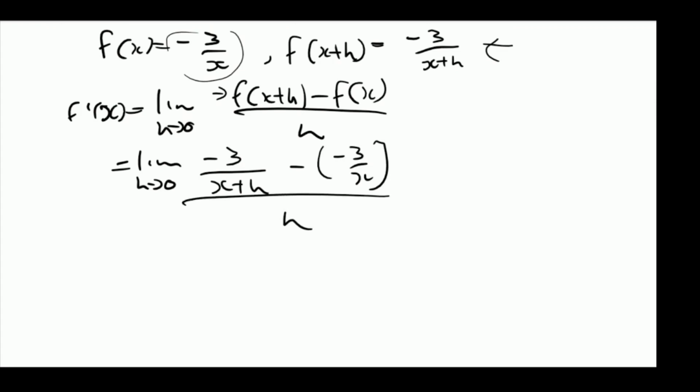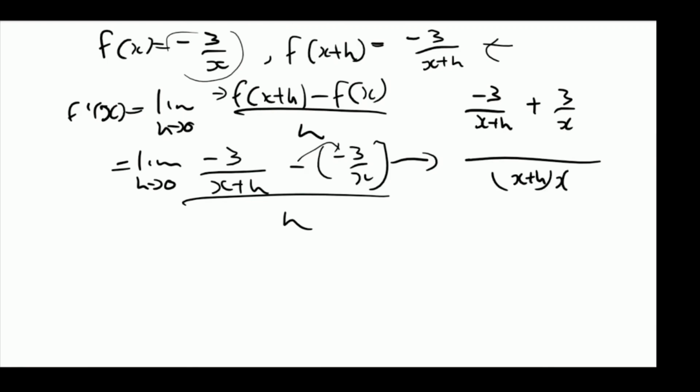So let's first simplify this expression here. So it's going to be minus 3 over x plus h minus, the minus will multiply the minus, so it's going to be plus 3 over x, right? So we're going to find the common denominator, which is x plus h and x, and then this x plus h will cancel out this x, so it's going to be minus 3x plus, and this x cancels out with this one, so it's going to be 3 into x plus h.